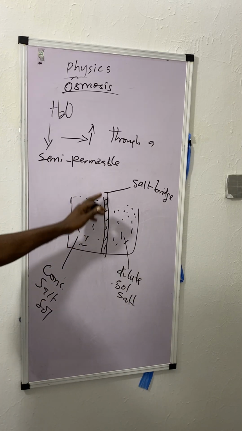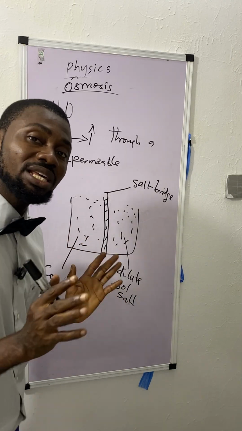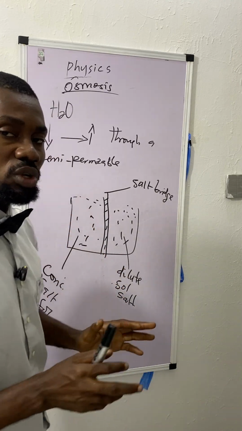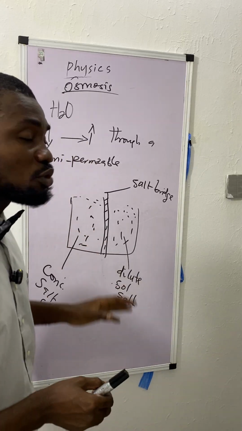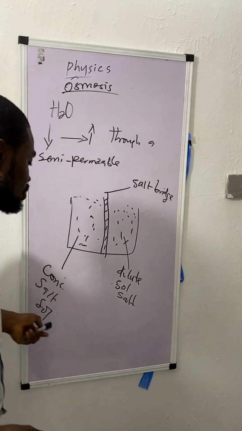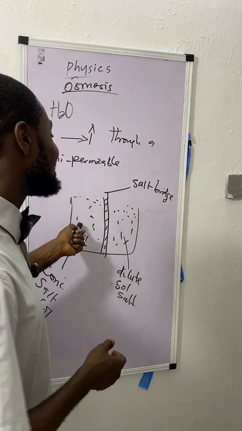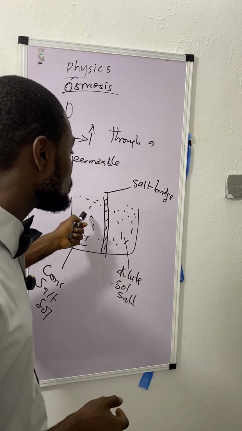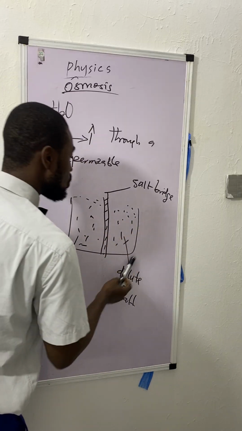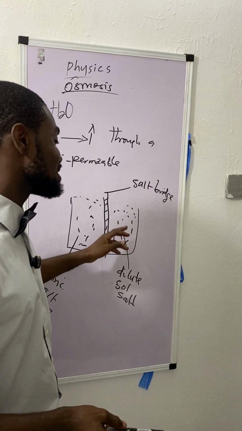So this salt bridge is the semi-permeable membrane. Water molecules are the only molecules that are going to move. Salt molecules are not going to move. Water moves from a region of lower concentration to a region of higher concentration. The concentrated salt has a lesser concentration of water because it is saturated with salt. This side has more water because it is dilute.